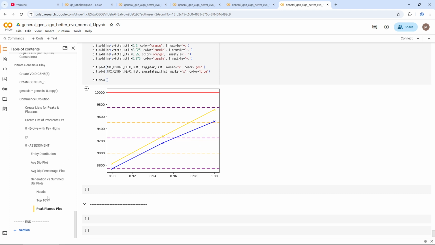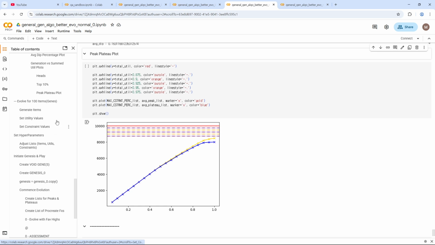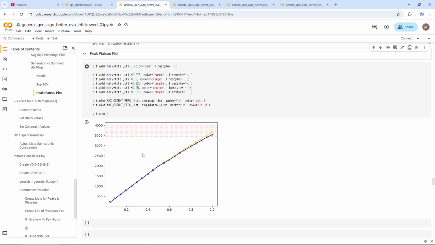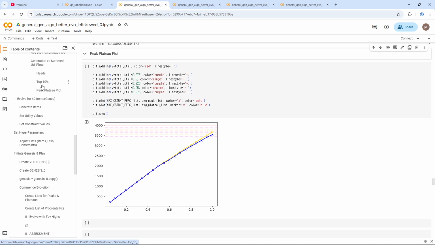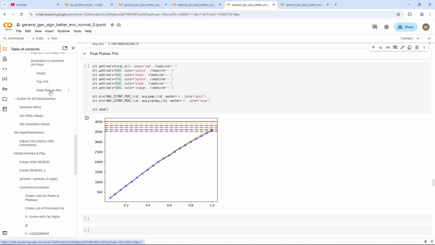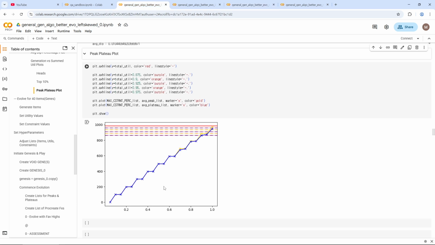Here's for 100 items, normal distribution. See, they're almost identical. And 40 items, same, almost identical. And 10 items. See the stairs? They're the same.